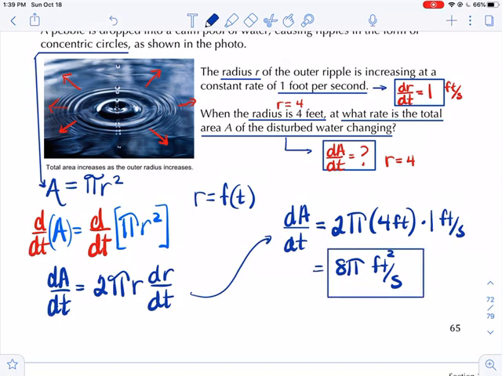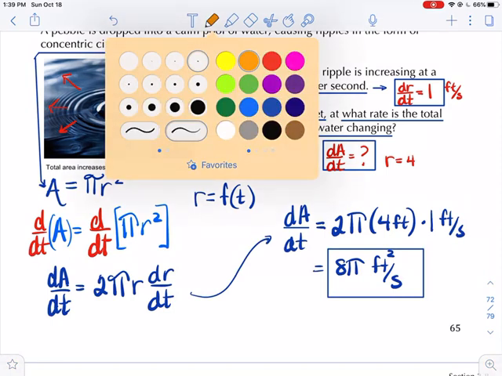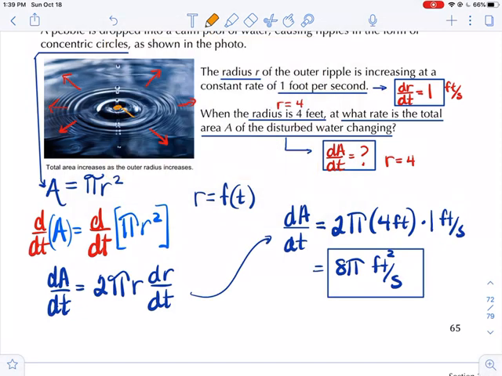Just looking at the fact that we want to know how fast is the area changing as the radius is changing at 1 foot per second. You can kind of see if I draw it up here. Let me draw it in a brighter color. If I have a radius coming from the center out when r is equal to 4 feet, okay?